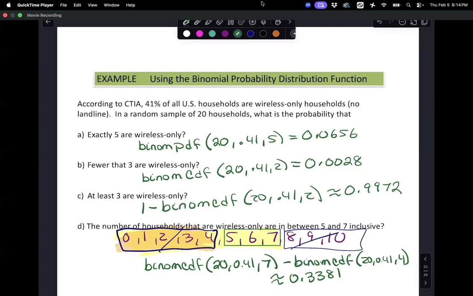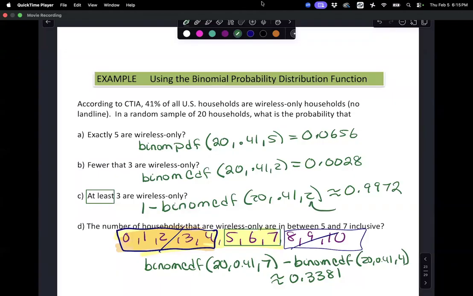I have a question. Yes. Can you remind me on number C what determines when we do the 1 minus binomCDF versus just doing the binomCDF? These 2 little words right here, the at least. Yes. Okay, thank you. Because at least 3 means 3 or more. But I don't have a greater than function, so I have to use the less than or equal to and then do the 1 minus to subtract it off.